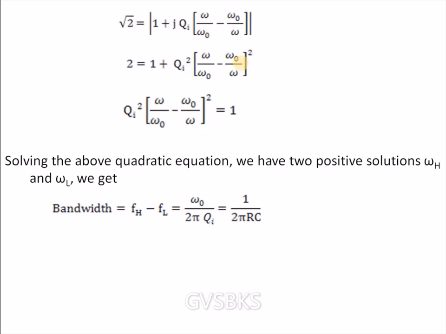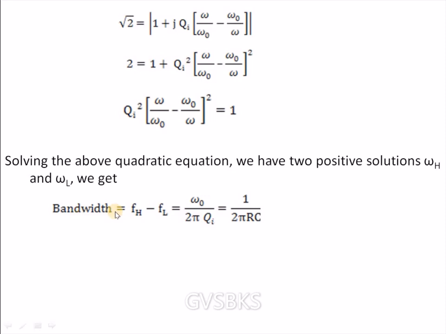The bandwidth fh minus fl can be given as omega naught by 2 pi Qi, which is equal to 1 by 2 pi Rc. From this equation, we can construct a single tuned amplifier, a small signal single tuned amplifier.